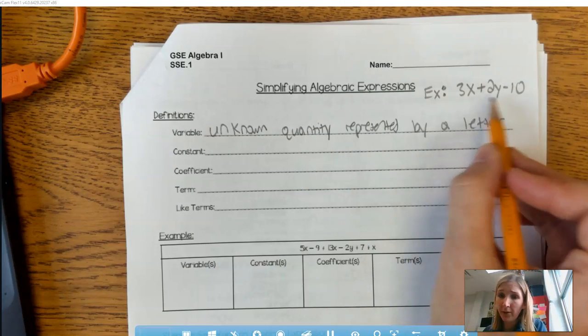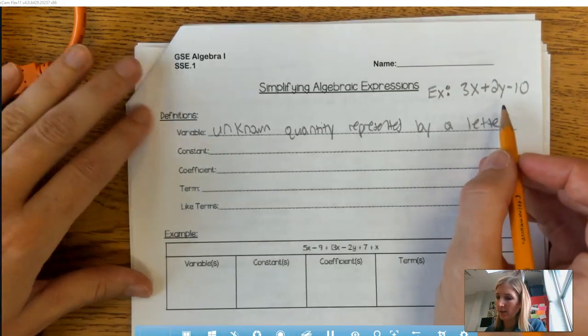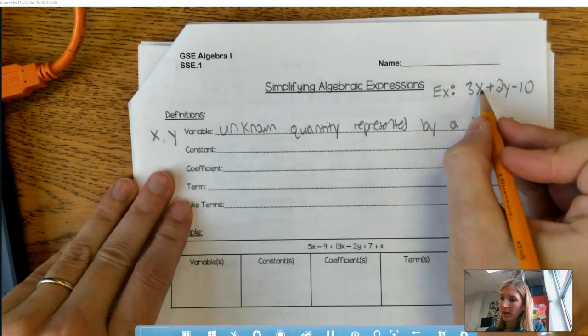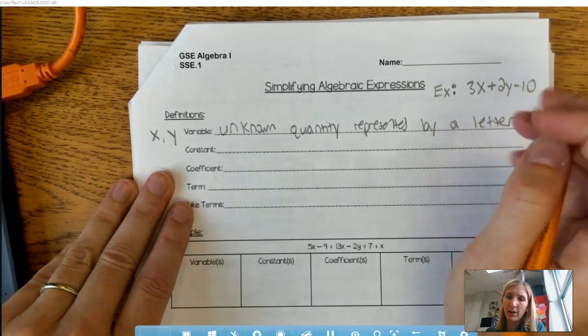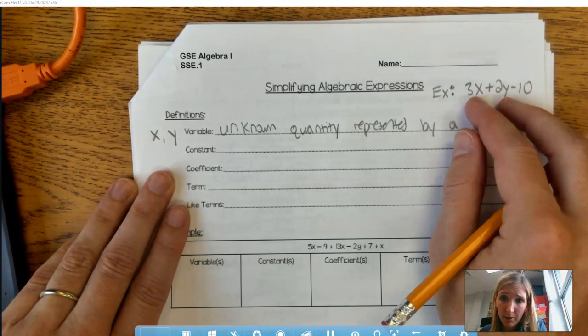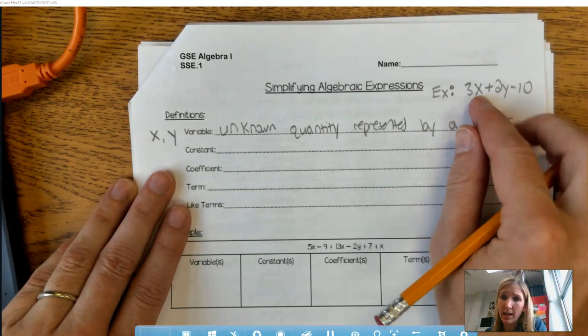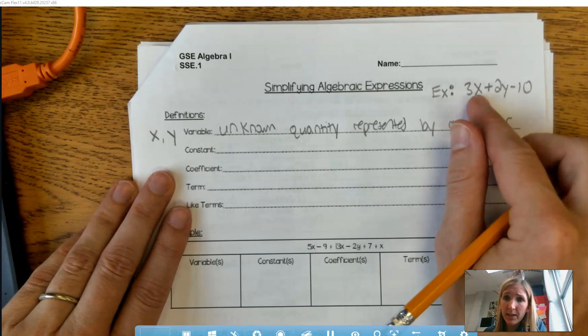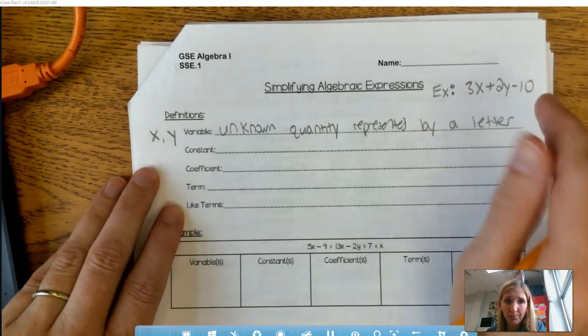So I've got two variables in this example, right? My variable examples are x and y. We have two variables, x and y. They're unknown quantities represented by a letter. Are they the same quantity, or could they be the same? No, they cannot, and that's because they're two different letters. If they were the same quantity, then they would both be the same letter.